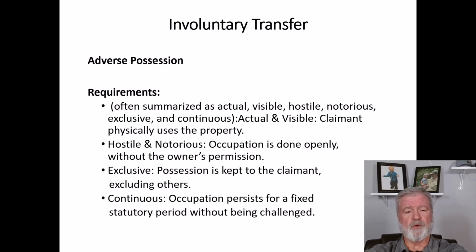Now, if you recall, again, we talked about all of this before, but the requirements for adverse possession. Remember, by definition, it requires the actual, visible, hostile, notorious, exclusive, and continuous possession of the property.